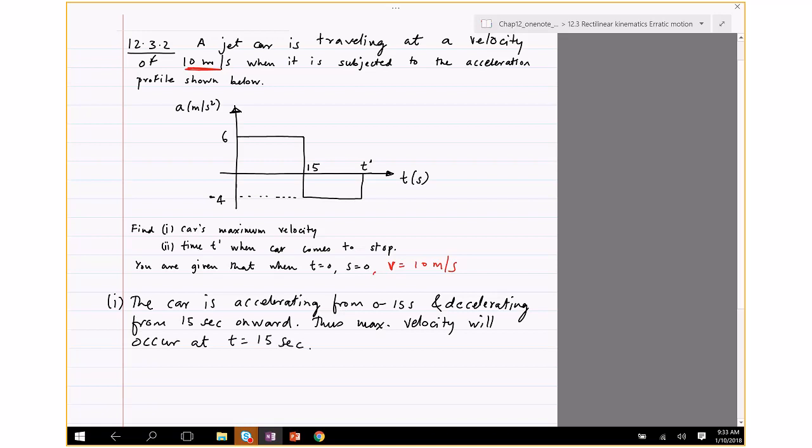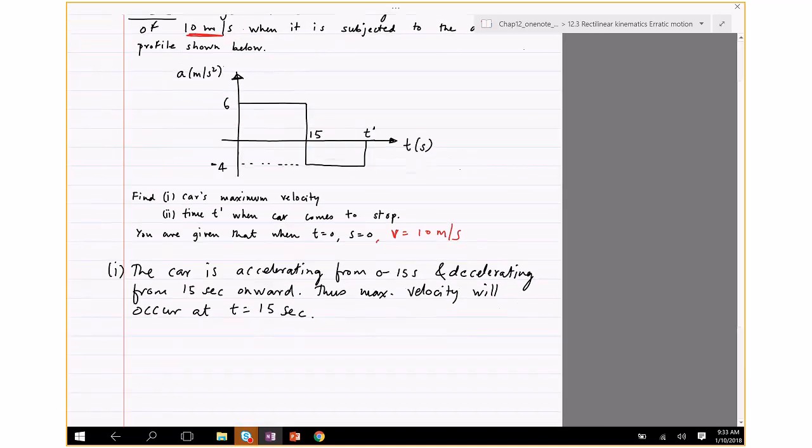Okay, now that we've figured that out, let's try to find the velocity. If we're given the acceleration plot and we're told to find the velocity, then we can start thinking of what's the formula which relates acceleration to velocity. The formula is a equals dv/dt. And if you want to find the velocity from the acceleration plot, we need to take the integral.